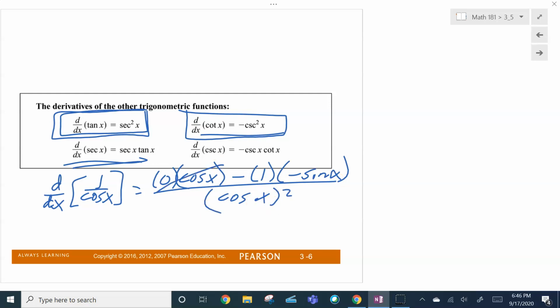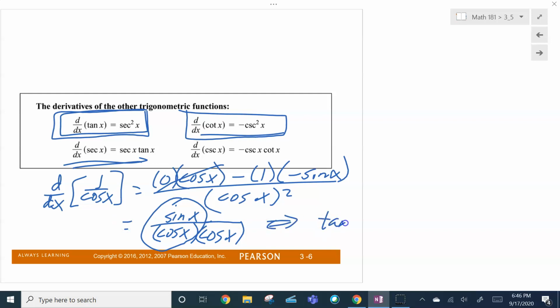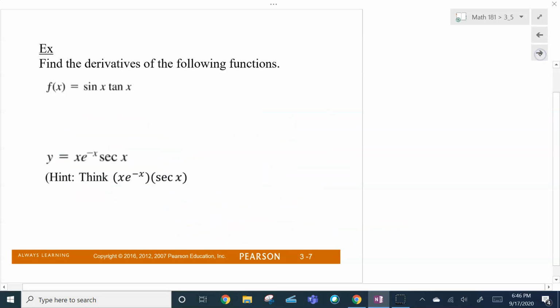Well, that's gone, and so I got sine x over cosine x, two of these. There's my tangent, and 1 over cosine is our secant, so secant tangent, in other words, right? We just did that one right there. So anyways, those are the other commonly used trig functions.